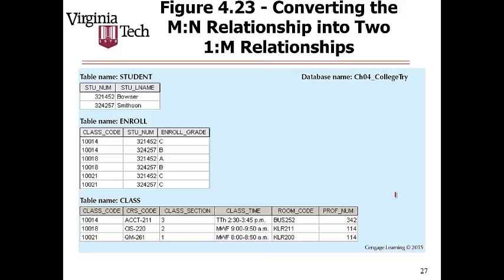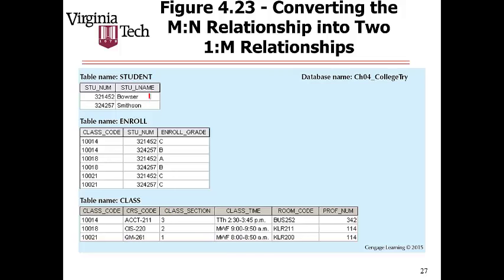Well, so here is the relational side. This is more of a relational model to me. So we have a student has many classes, and a class has many students.